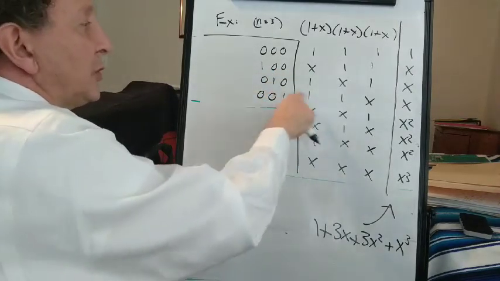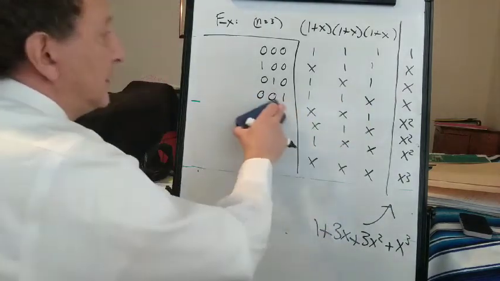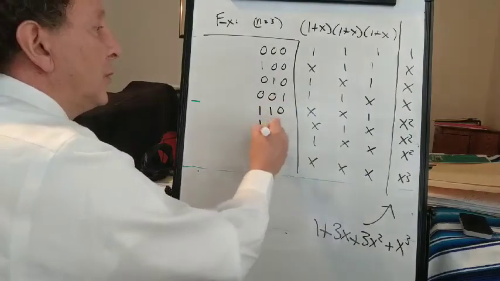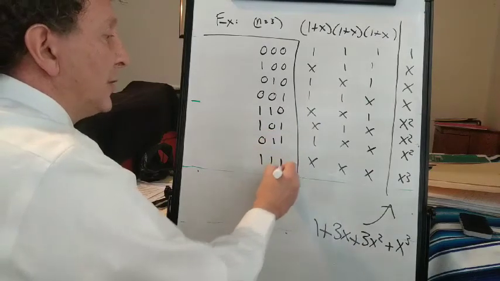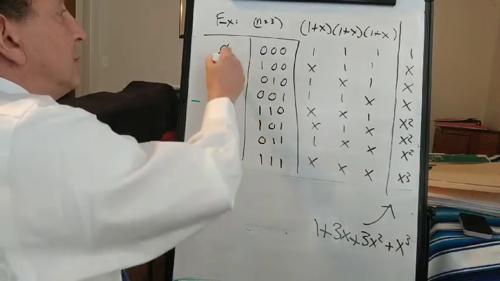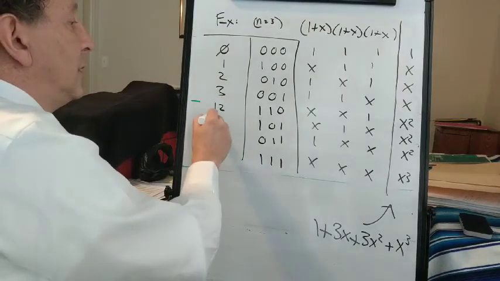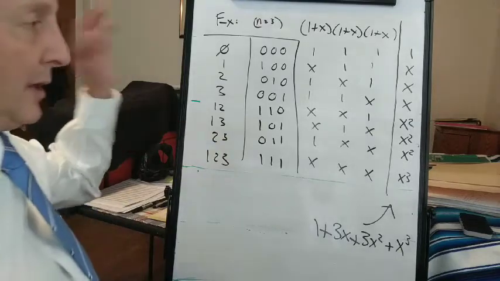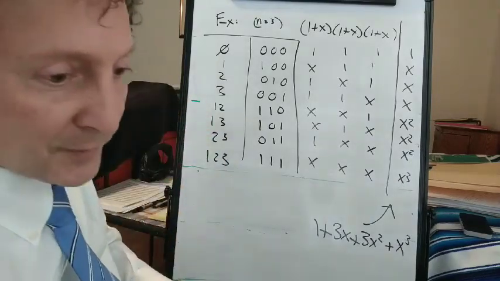So a 1 here corresponds to a 0 there, and an x here corresponds to a 1 there. 110, 101, 011, and 111. And then the subsets are empty set, 1, 2, 3, 12, 13, 23, 123. Again, I'm omitting all the curly braces and commas because it's sort of a drag to write out.